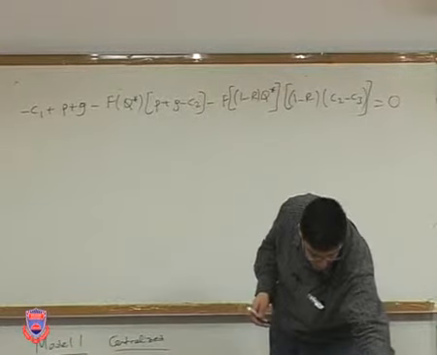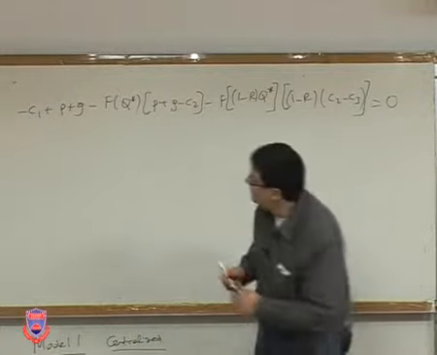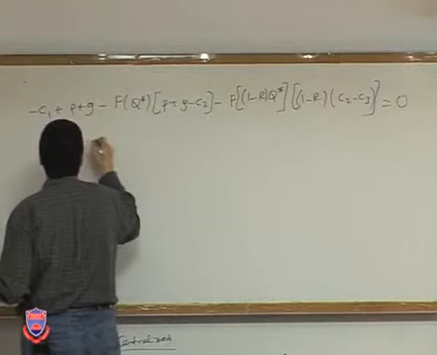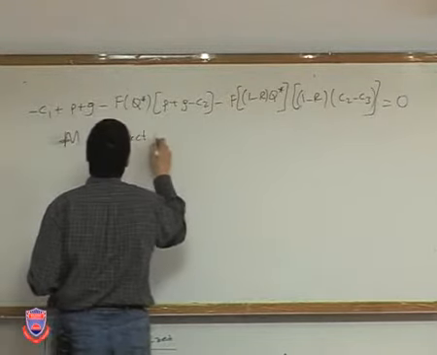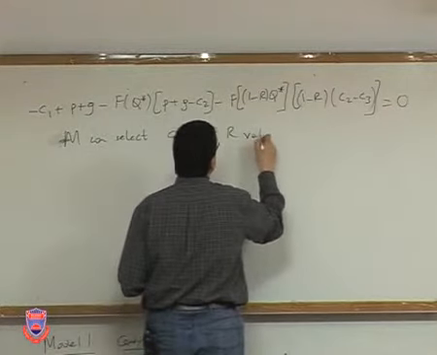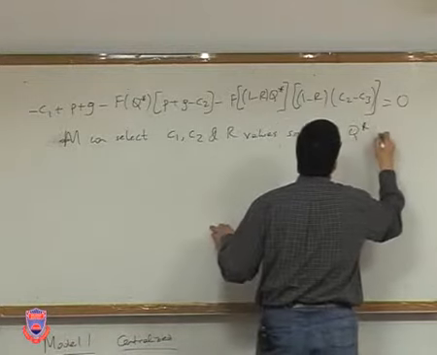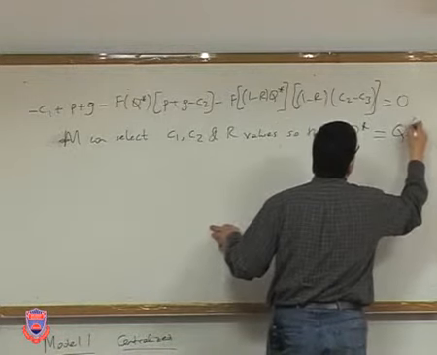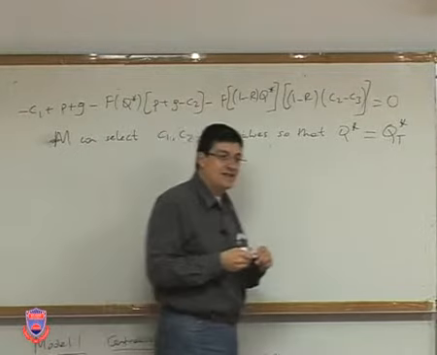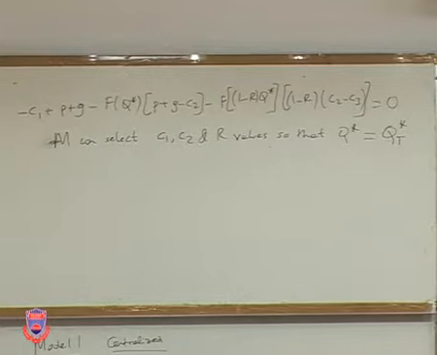Okay, so let me write that. So the manufacturer, let's say M, can select C1, C2, and R values so that Q optimal is actually QT optimal. Now, what is the use of this? Well, the use of this would be simply the following.